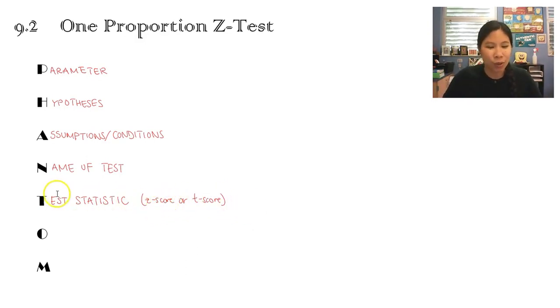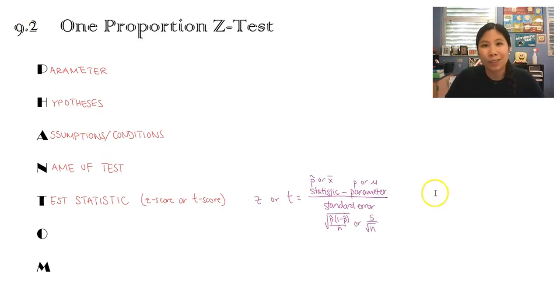And so the formula for it, this is pretty much the same every time. The z-score formula is usually the x value minus the mean divided by the standard deviation. Well, it's going to be similar because we're dealing with samples, we have the sample statistic, so either a p-hat or an x-bar, minus the mean, and so this is the population parameter that we're talking about now. So either the lowercase p for the true proportion or the true mean, divided by the standard error. And remember, we have two formulas for standard error.